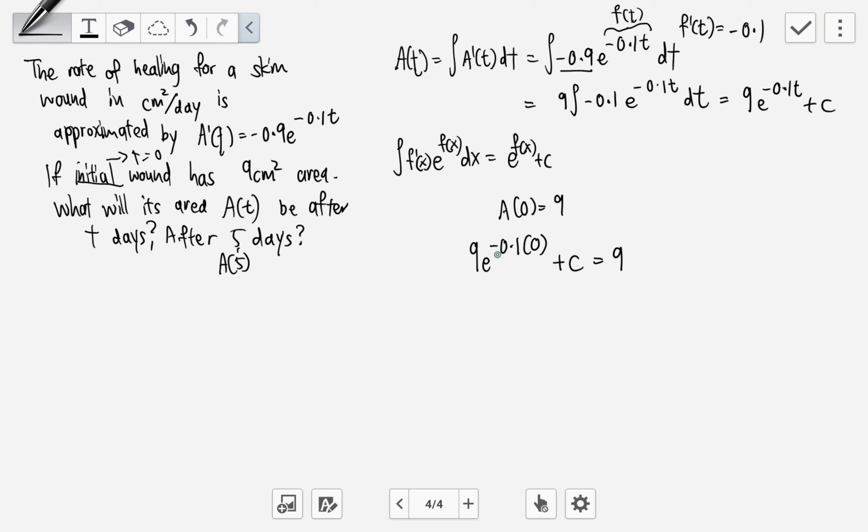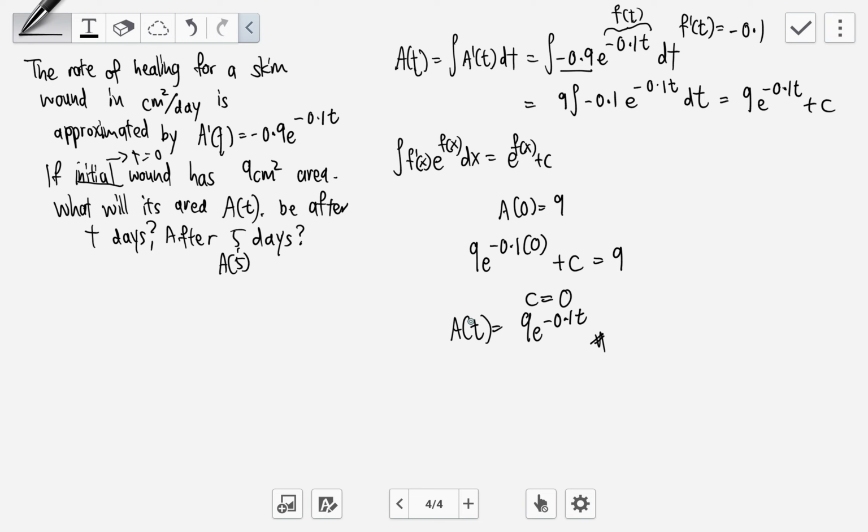Exponential to the power of 0 is 1, so 9 plus c equals 9, so c equals 0. Therefore my A(t) is just equal to 9 e to the power of minus 0.1 t. This is the answer to this part.